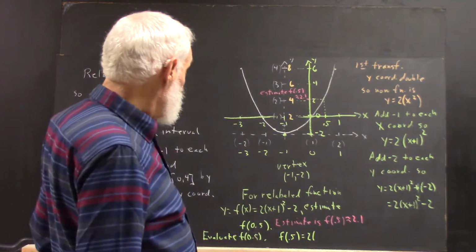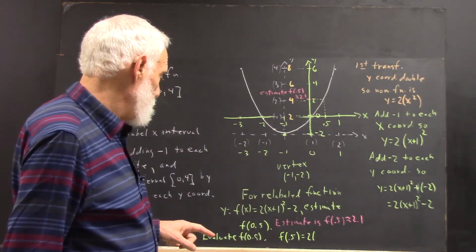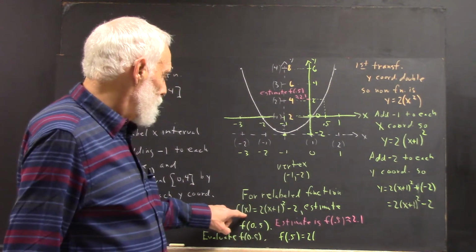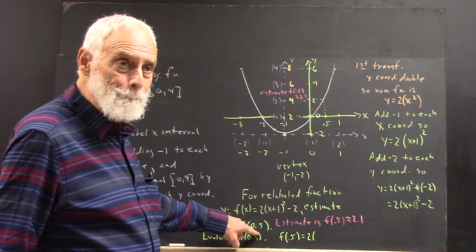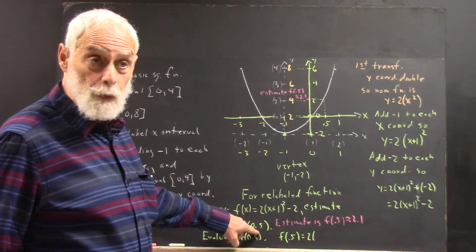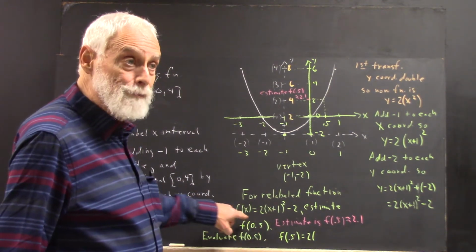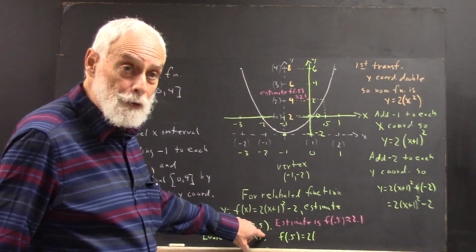So f of 0.5 means that you've got f of x, but x has been replaced by 0.5. So 0.5 is your x value, and you want to find the y value that goes with that, because that's what f of x is. F of x is the y value, and x is what you plug in. Okay?